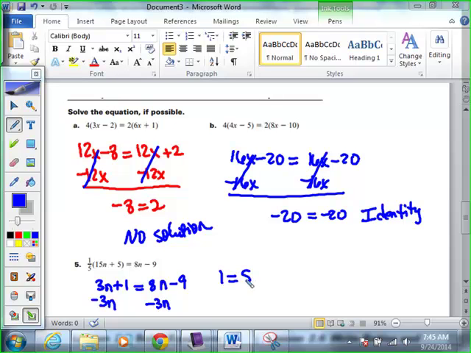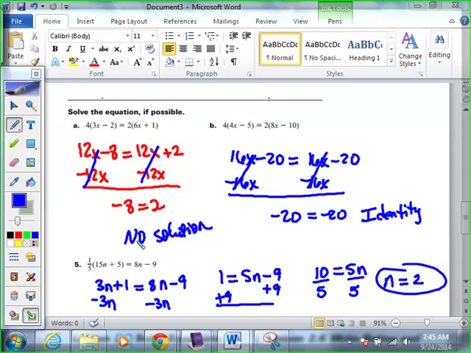So 1 equals 5n minus 9. I'll add the 9 then. So 10 equals 5n. I'll divide by the 5. And n equals 2. So no solution for the first one, the identity for the second one, and the third one can be solved.